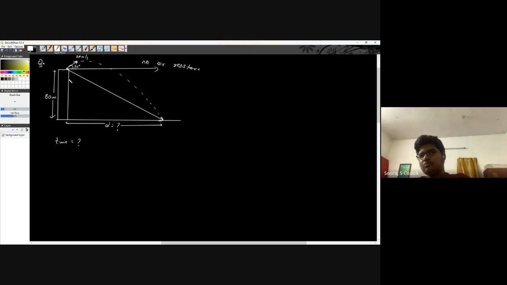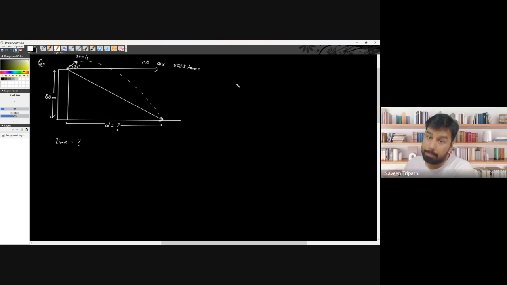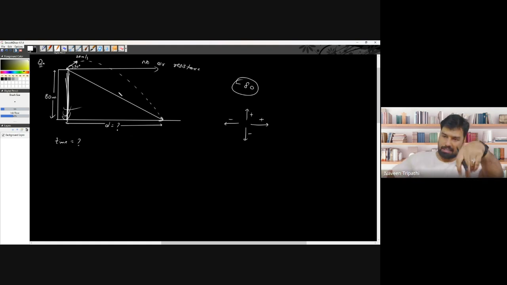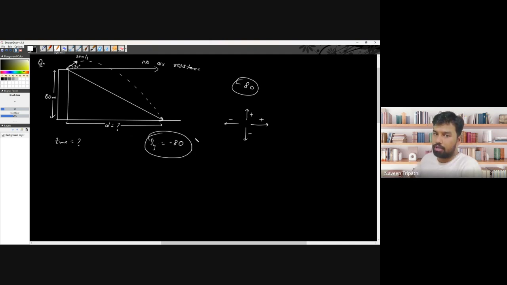Minus 80. Correct. Remember why? Because down is minus, up is plus, right is plus, left is minus, the Cartesian coordinate system. So you can clearly see that displacement in Y is negative, minus 80, it's down. So when you apply the equation, put Sy as minus 80 wherever you get it.